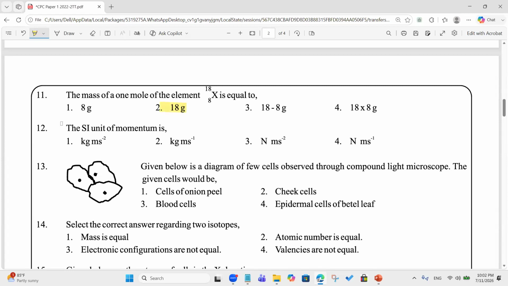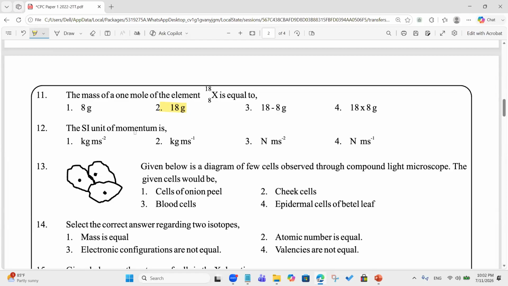Okay, Adisha? Adisha, can you read number 12? The SI unit of momentum is... What is your answer? Second one.